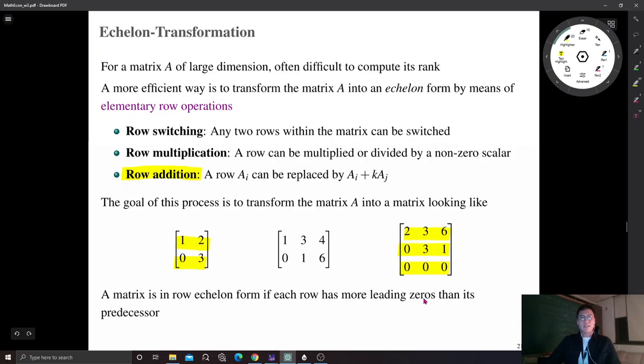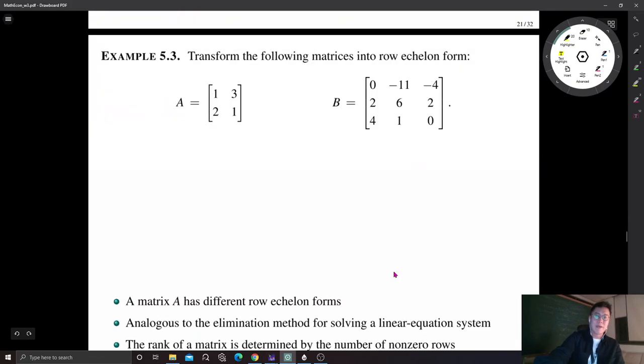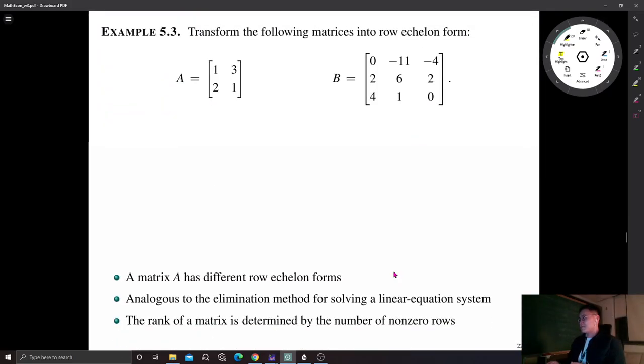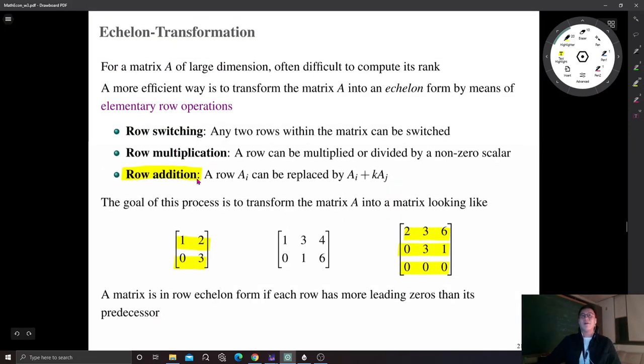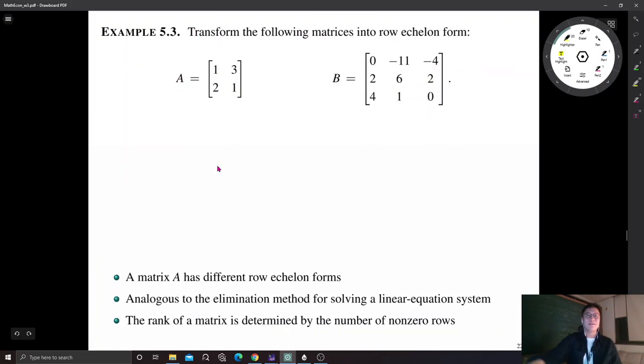Now let me illustrate how to transform a given matrix into echelon form using these three operations. This is not that difficult. Here we are given a 2 by 2 matrix A. In order to transform it into echelon form, we have to make the leading entry in the second row 0.